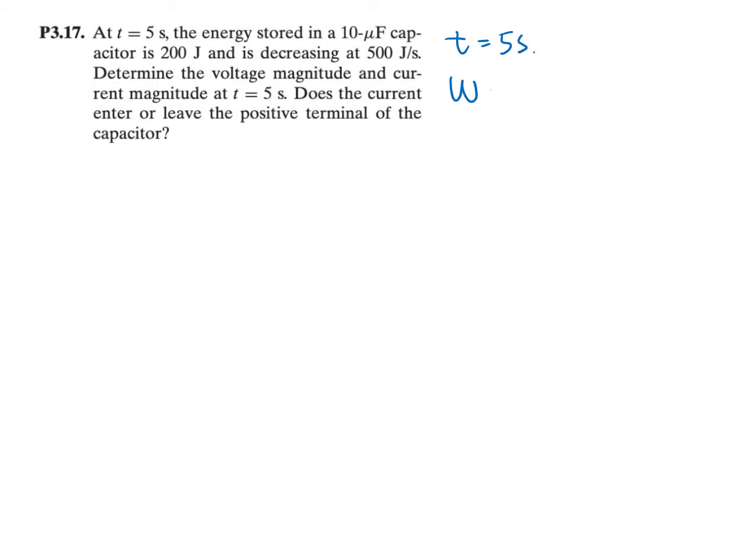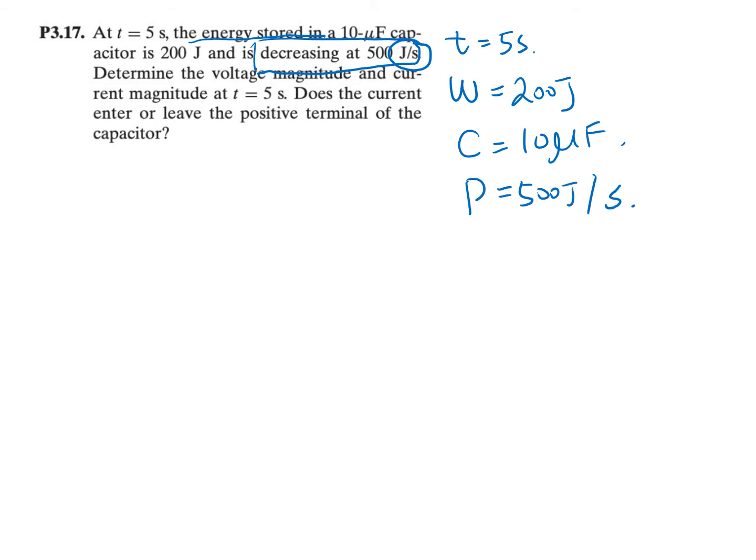The energy W stored in the capacitor is 200 joules, and the capacitance is 10 microfarads, and the energy decreasing speed is 500 joules per second. If you look carefully here, joules per second is actually the unit for power. So what it means here is that the power is 500 joules per second.